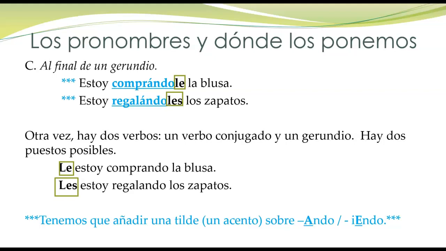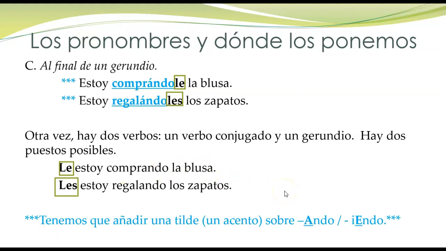So we could say, le estoy comprando la blusa, or we can say, estoy comprándole la blusa. We can say, les estoy regalando los zapatos, or we can say, estoy regalándoles los zapatos. Again, you will have that option of in front or attaching. And these are the same placements as we saw in the direct object pronouns.